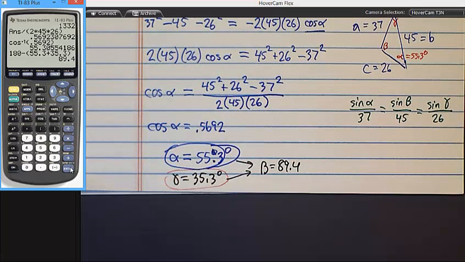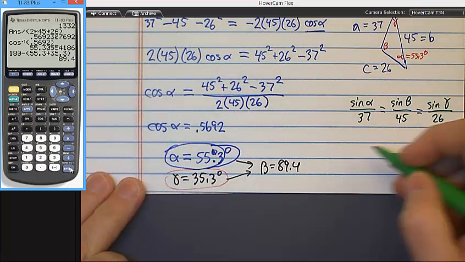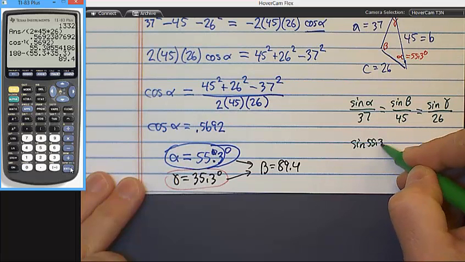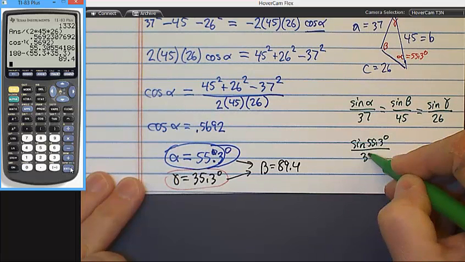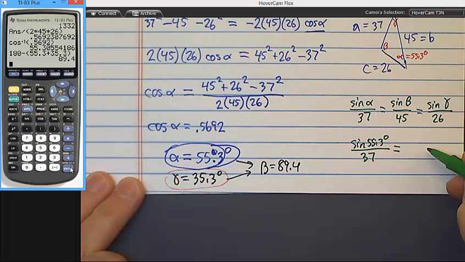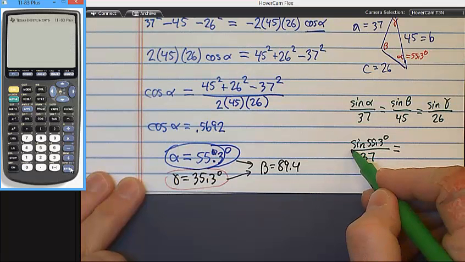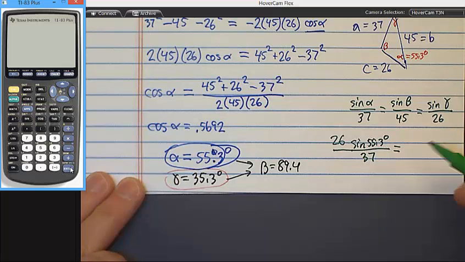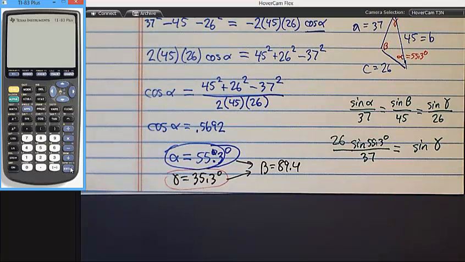So if I want to find gamma, I could say the sine of 55.3 degrees over 37 is equal to the sine of gamma over 26. So if I multiply both sides by 26, 26 times the sine of 55.3 over 37 will have to equal the sine of gamma. Right?